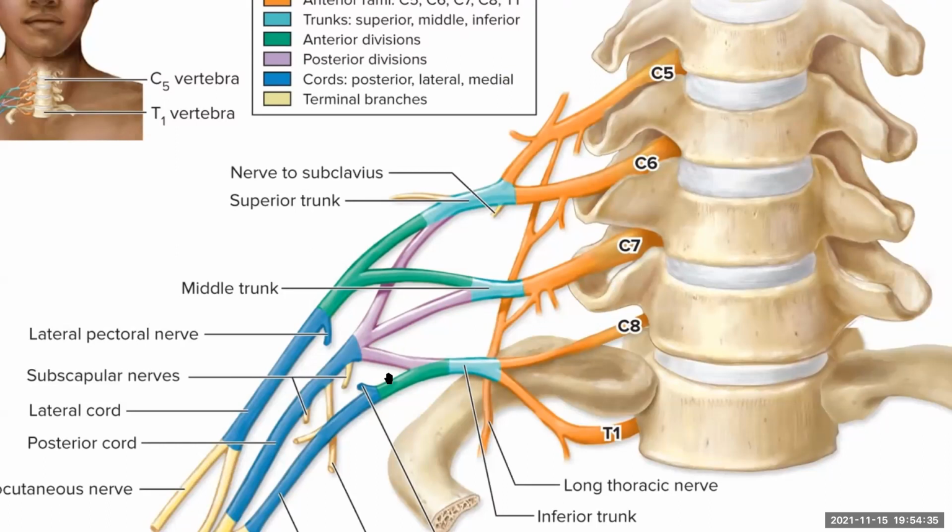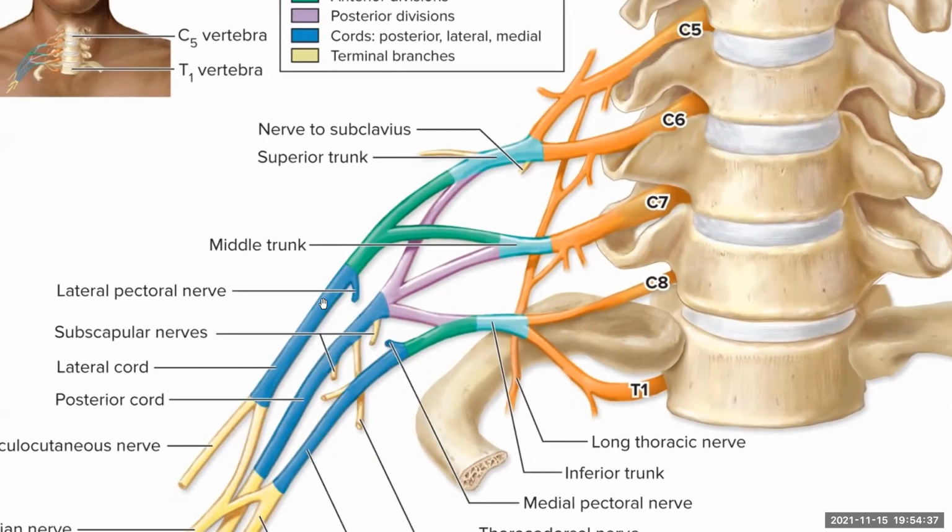And then we get into the cords here, and that's going to receive branches. In the lateral cord here, you'll get the divisions from the upper portion of the brachial plexus. Our middle here, the posterior cord, is going to get contributions from all of them.